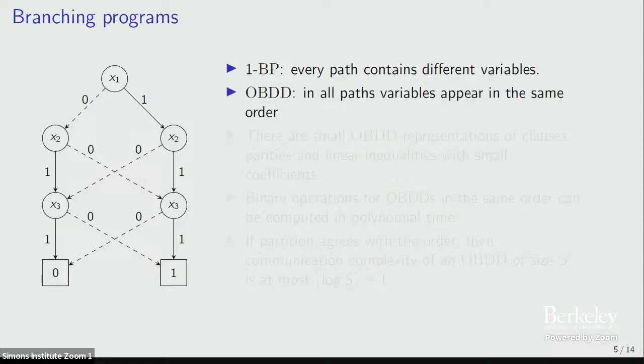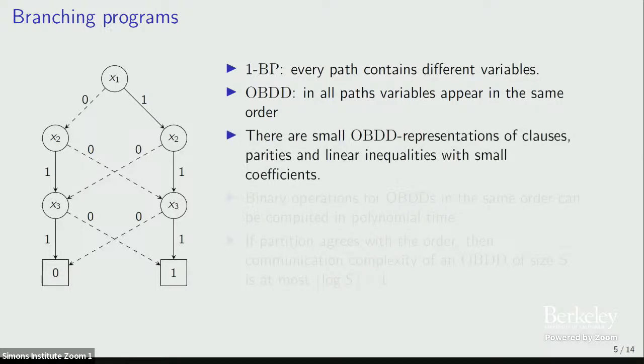One very important partial case of the advanced branching program, usually used in practice and in software and hardware verification, is the ordered binary decision diagram. It's a partial case of the advanced branching program where all variables on all paths appear in the same order. There is one order of variables, and on no path can they appear in another. Why is it important?